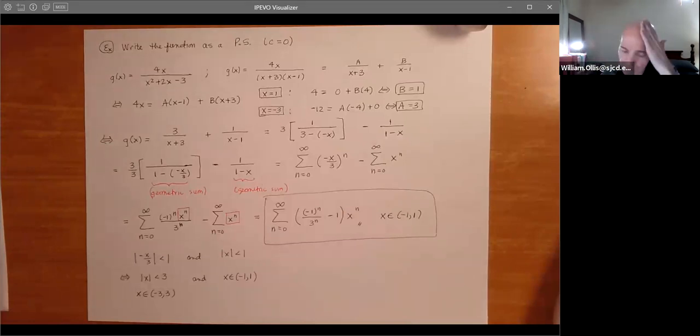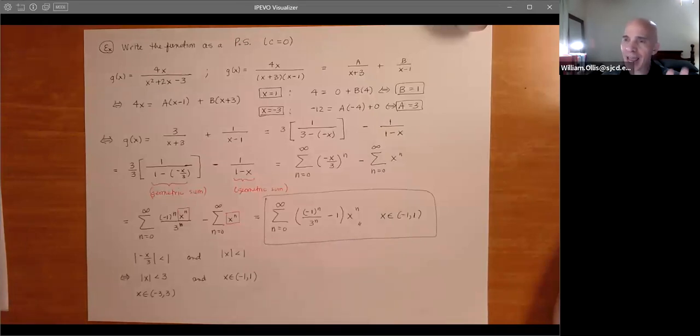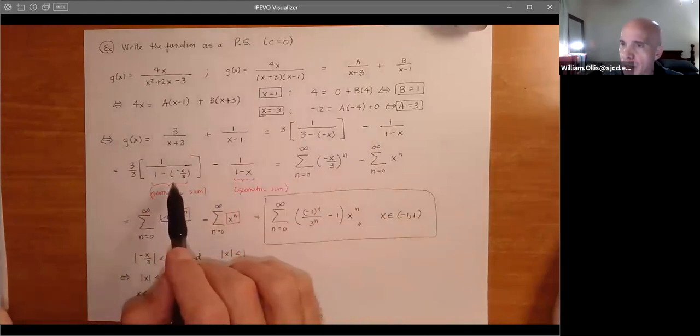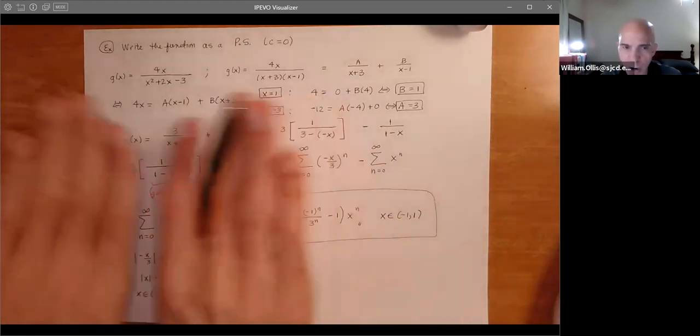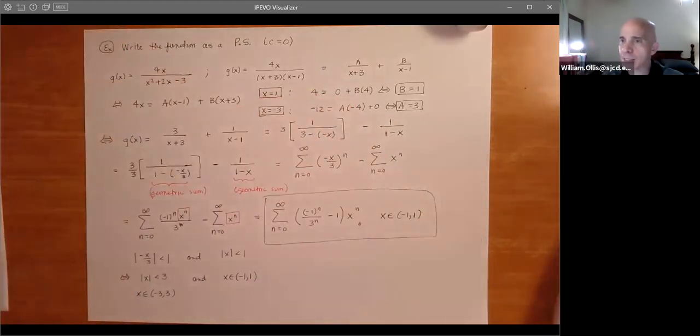So when we think about the geometric construction, we're seeing basically that we look for functions that have that geometric sum look, that rational function look, 1 over 1 minus x. But we may have to work harder to get it into that form. So what it basically means is that the goal, and you can see how I've done this, we want a 1 divided by 1 minus the new x.